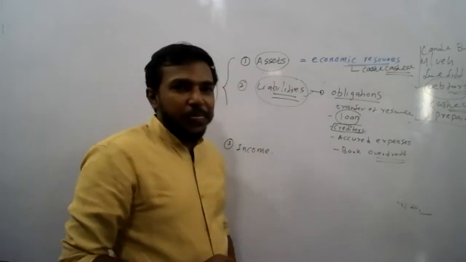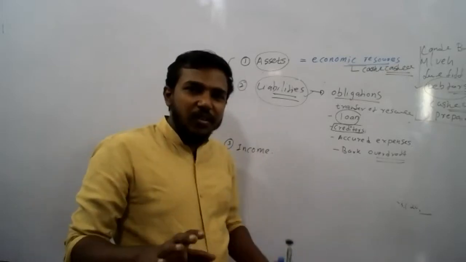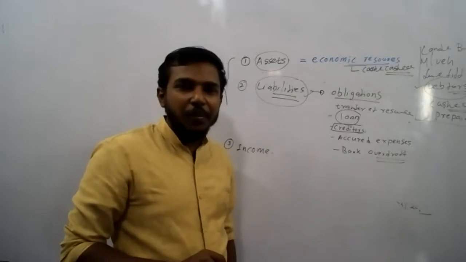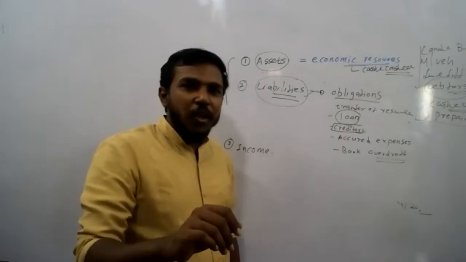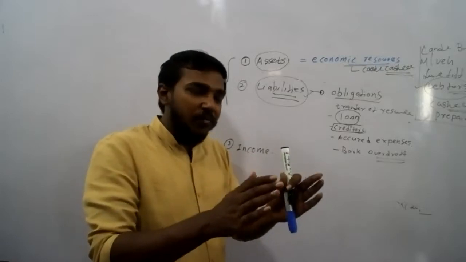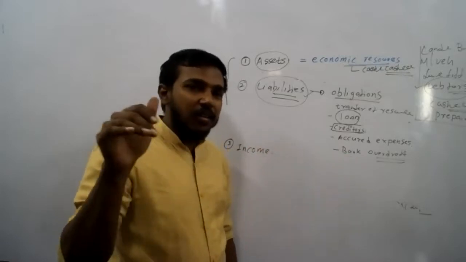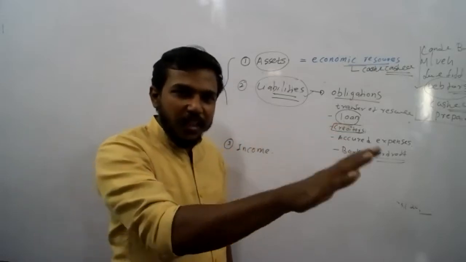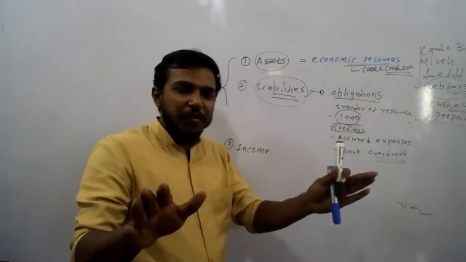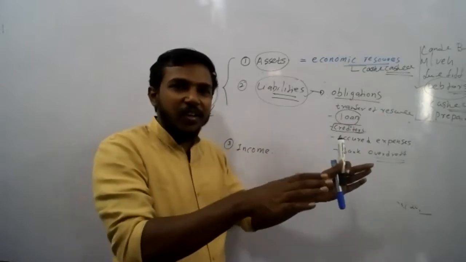Then income. What are the examples for income? Say in your home, you have a building at Nugegoda Junction. You might have rented out that building to someone else, say to Lanka Tiles.